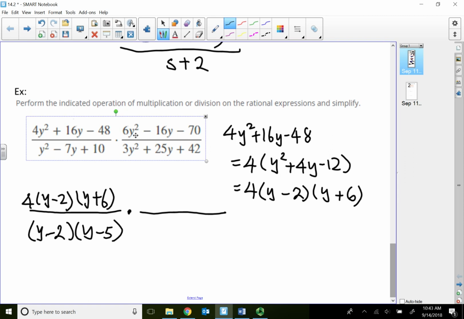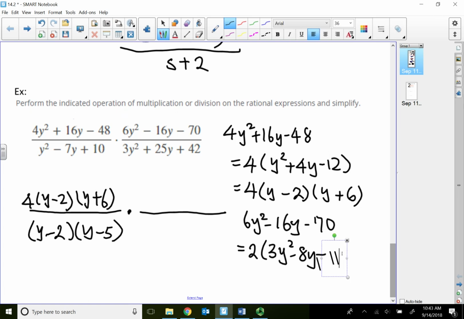All right, let's do this one. Let's do this 6y squared one on the side real quick, because I do see a greatest common factor. Let's see if I factor out a 2. That's 3y squared minus 8y minus 35.